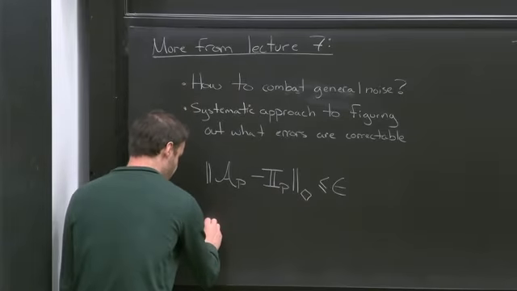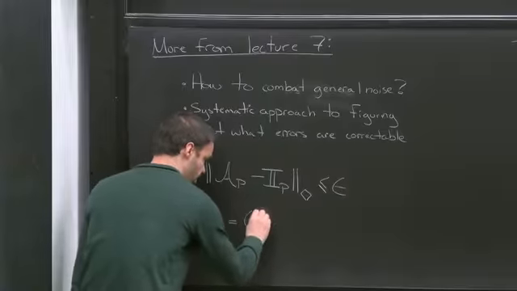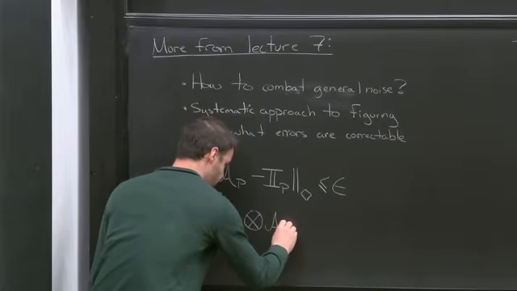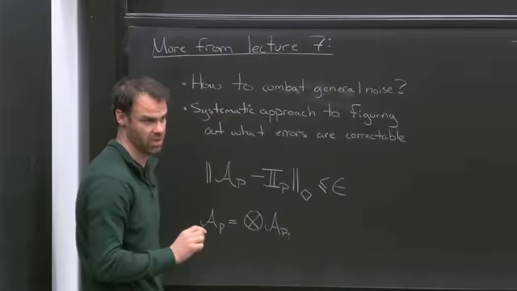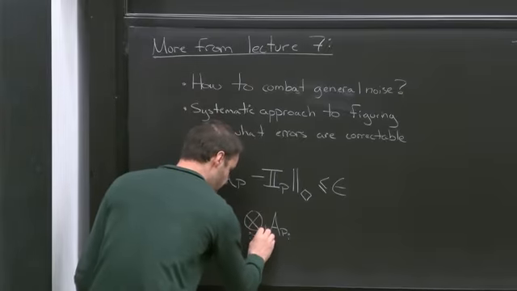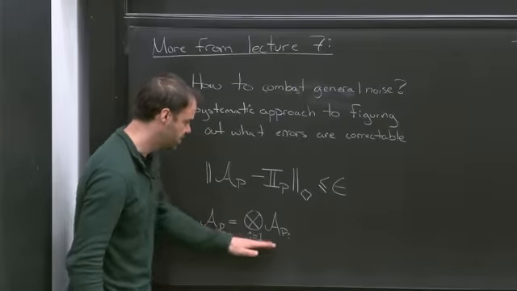We're going to assume in particular that the noise channel acts independently on each of my physical qubits. You can move beyond that as well, but that's the case we're going to address. And you can see that this is physically motivated.